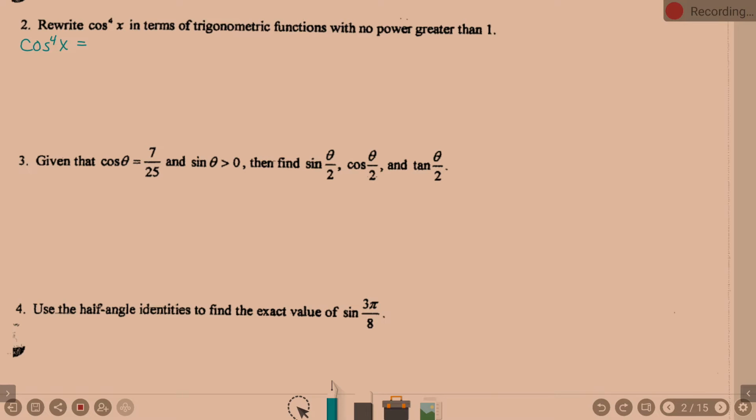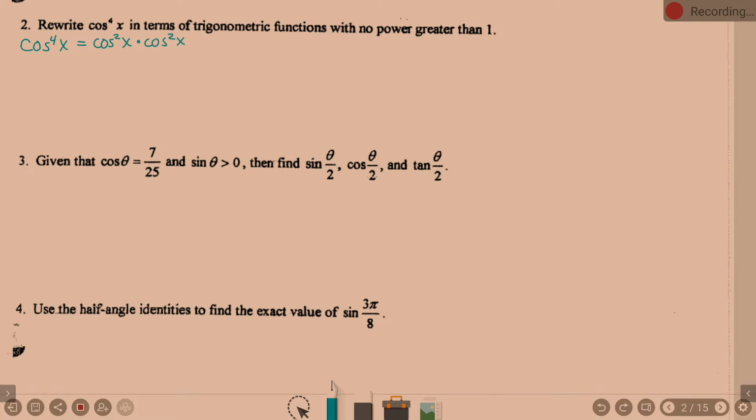Well, I wouldn't even think factor, but just how can this break apart? Cosine to the 4th is the same as what times what? Cosine squared times cosine squared, or you could say cosine squared quantity squared, but for what we're getting ready to do in the next step, I'm going to write this as cosine squared x times cosine squared x.